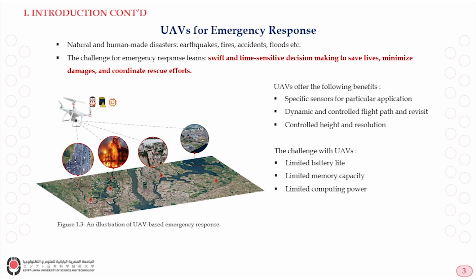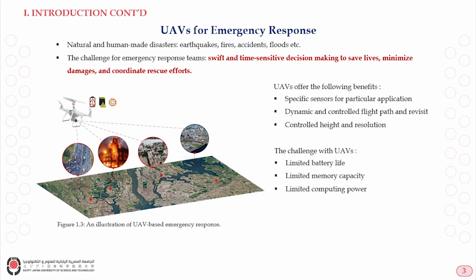However, they have three major challenges: limitations in battery life, or power capacity, limitations in the memory they have on board, as well as the computing power they have on board.